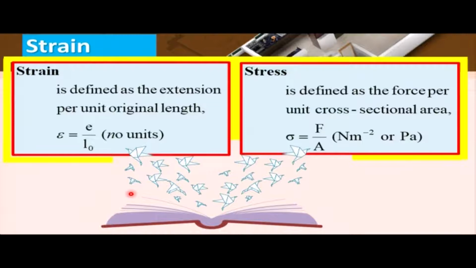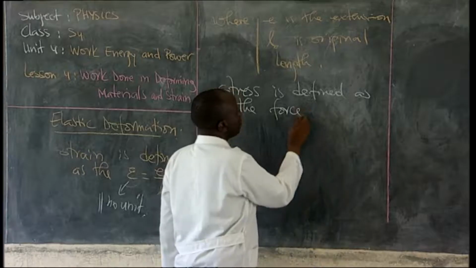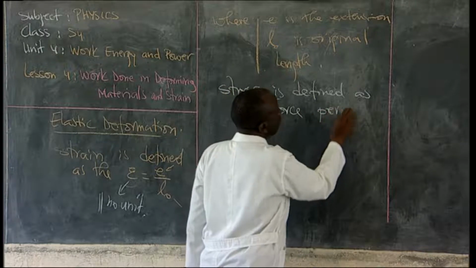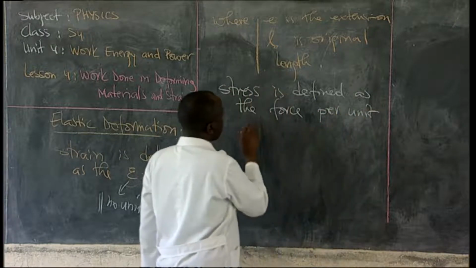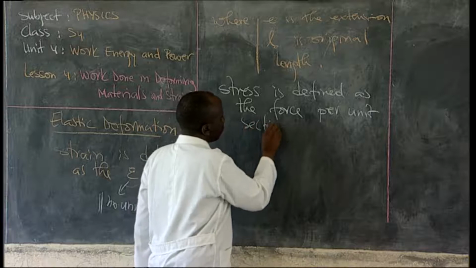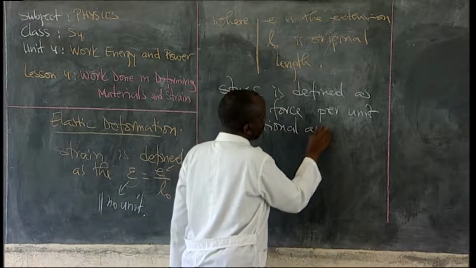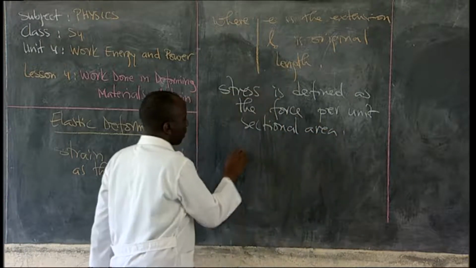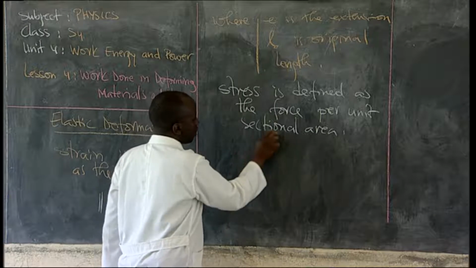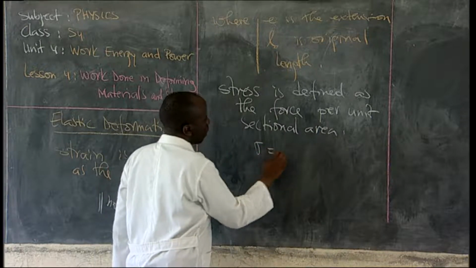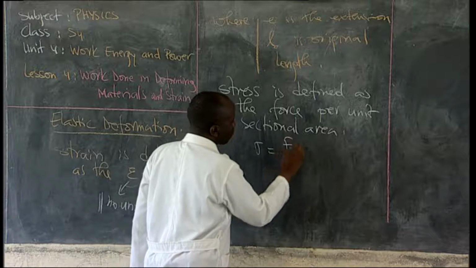Stress is defined as the force that is exerted per unit sectional area. So this is a definition. In other words, you can understand stress as equal to force over area.